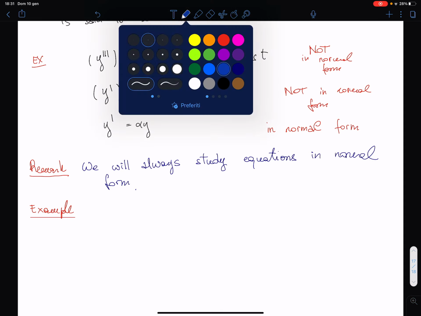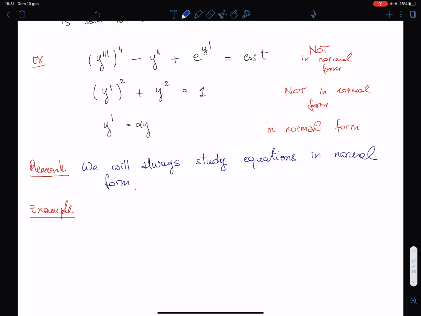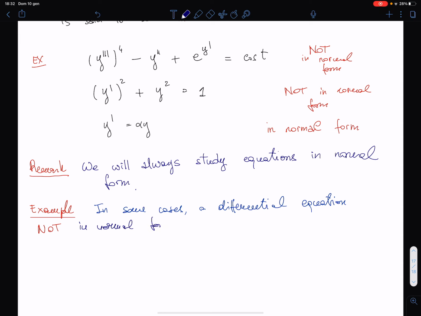The example that I will consider wants to explain to you the following thing: in some cases a differential equation which is not in normal form is equivalent not to a differential equation in normal form, but to a set of differential equations in normal form.